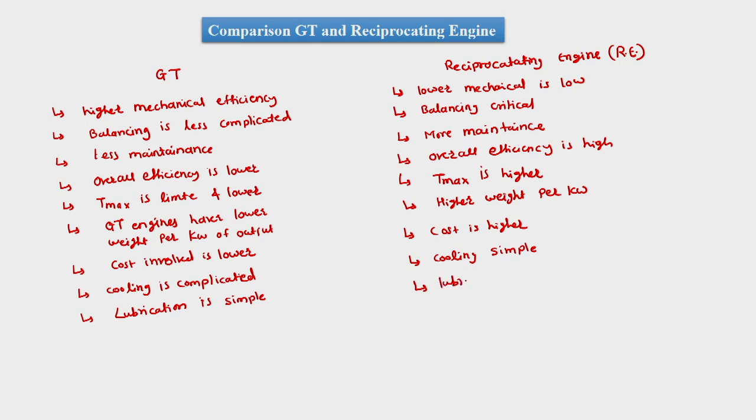Here lubrication is complicated in case of reciprocating engines, and so these are the relative merits and demerits of the gas turbine and reciprocating engines. So this is how we can compare different engines and different cycles, which are the complementary cycles to each other, and we have seen also what are the different arrangements possible for a gas turbine power plant. Thank you.